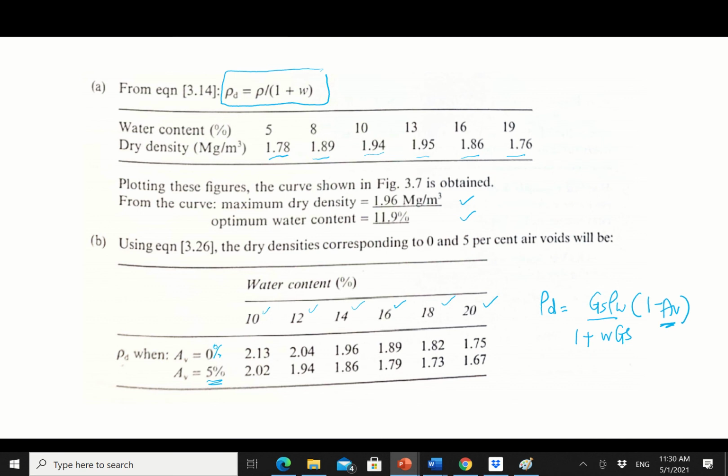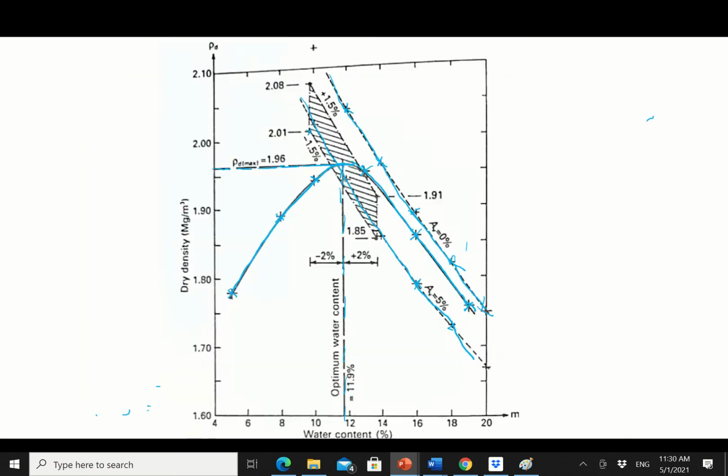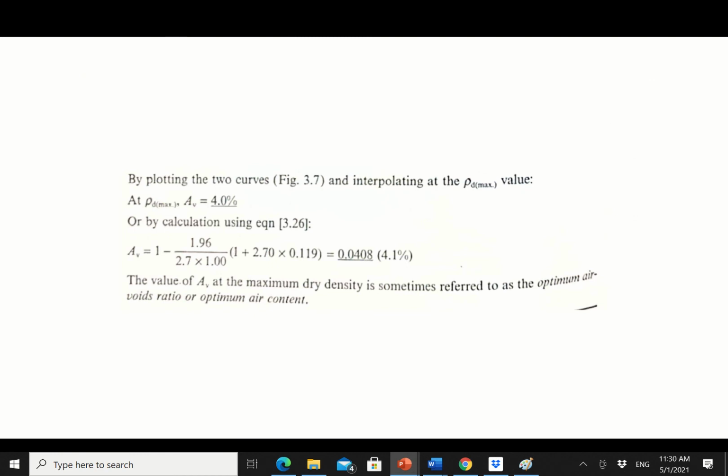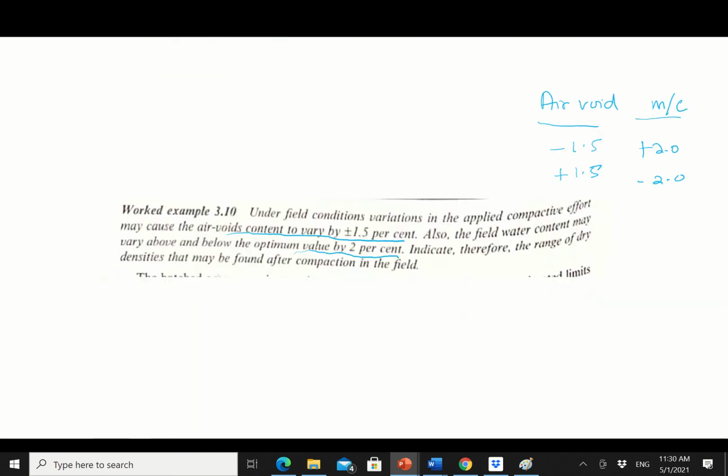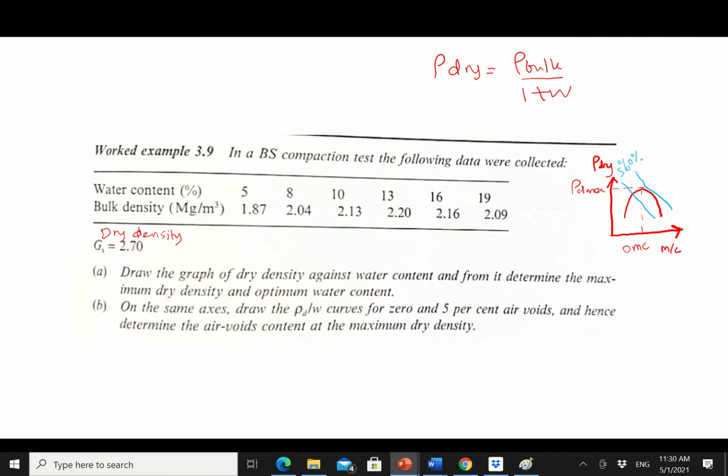After plotting that, we have solved question B. Next is to find the value of air void at the maximum rho d value. The question also asks, on the same axis, to draw the rho d curve for 0 and 5% air void.